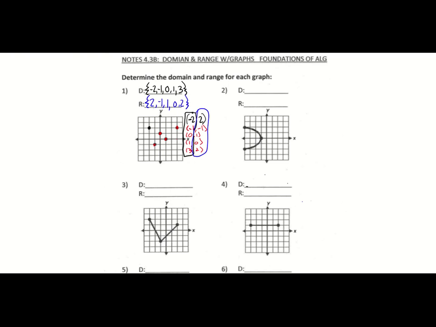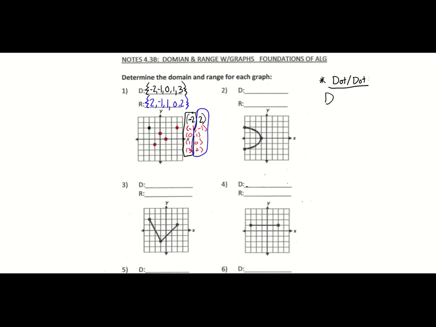Now for number 2, it gets a little trickier because now we don't have a set of points. Now we have a curved line. So our rule for this, when we're graphing, we're going to put it over here, our rule. When we write our domain and range from a graph of a curved line, we are going to write from dot to dot. So I'm going to write our rule here and then I'll explain it a little bit.